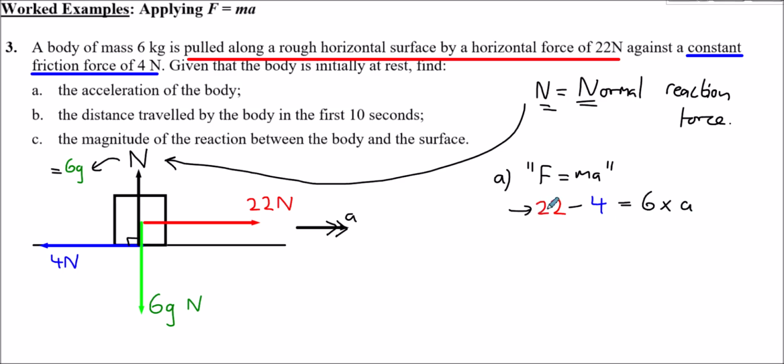Let's simplify now. 22 minus 4 is 18. 6 times a is 6a. So therefore, the acceleration will be 18 divided by 6. The acceleration is 3 meters per second squared in this positive direction going to the right.